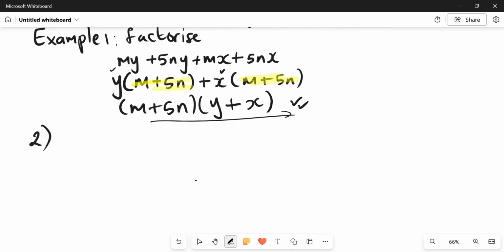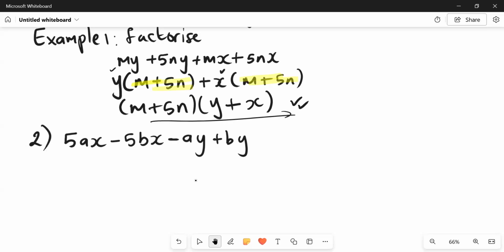So for number 2, we are given 5ax minus 5bx minus ay plus by. Again, factorizing by grouping. Let's group first and the second term together, right? Which is 5ax minus 5bx.